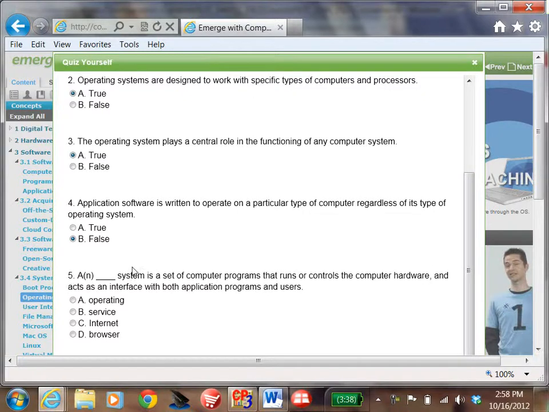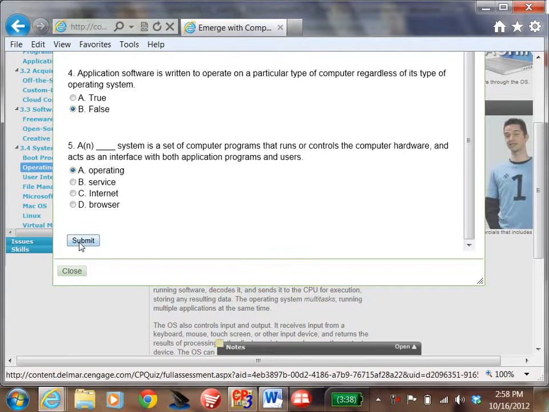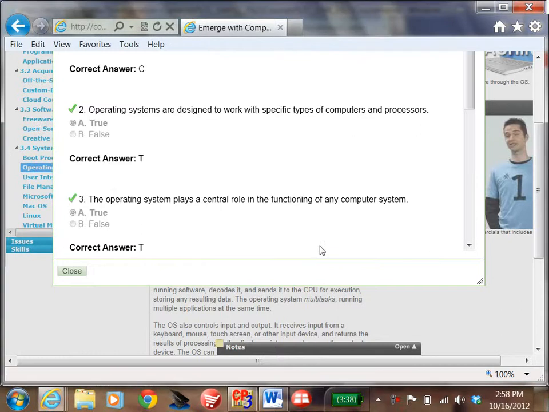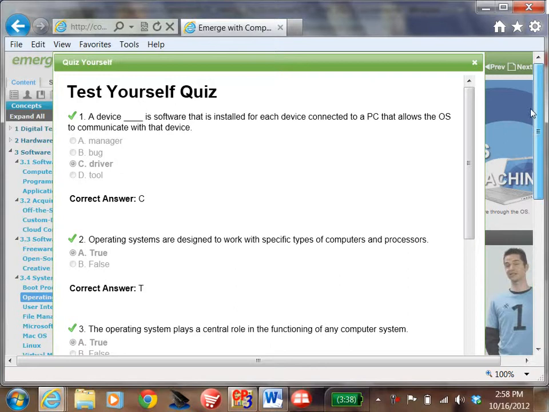And an operating system, okay, is a set of computer programs that runs or controls the computer. Well, an operating system, right? It only has 5 questions on it. And then it gives you the answers again.